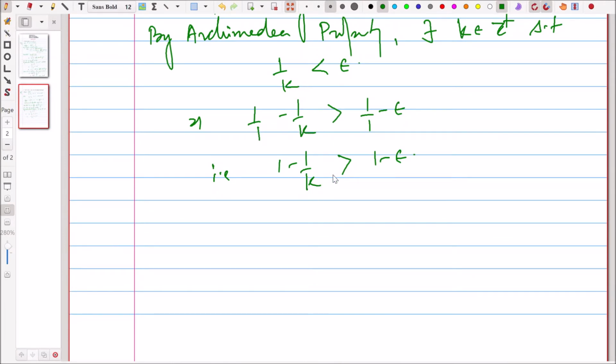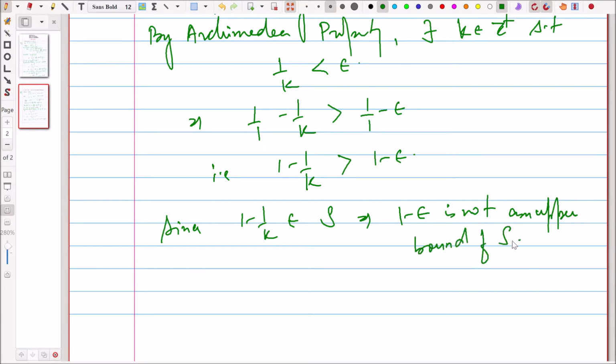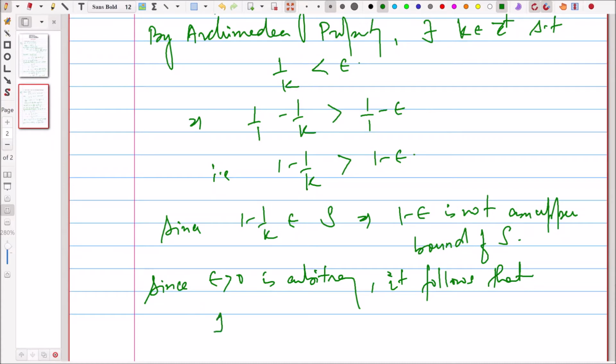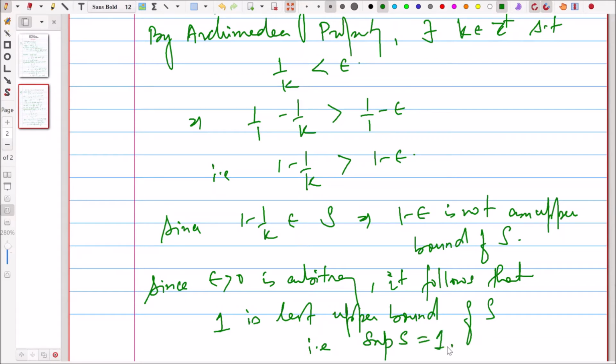Since 1 minus 1 by k belongs to S, this implies 1 minus epsilon is not an upper bound of S. So since epsilon greater than 0 is arbitrary, it follows that 1 is the least upper bound of S, that is, supremum of S is equal to 1.